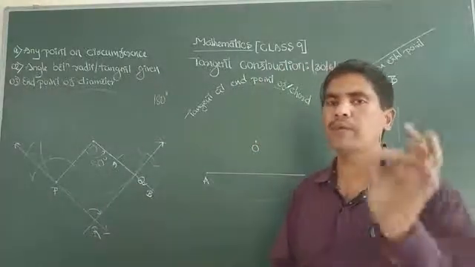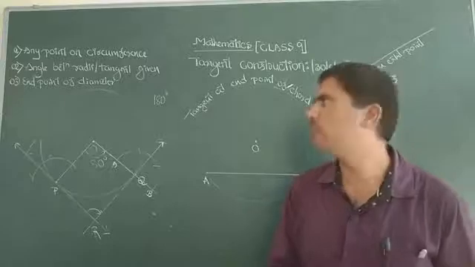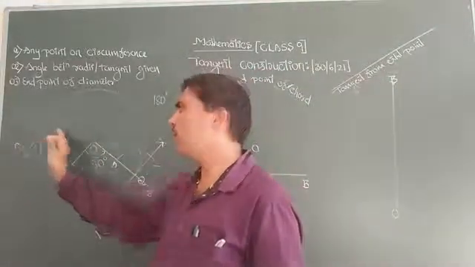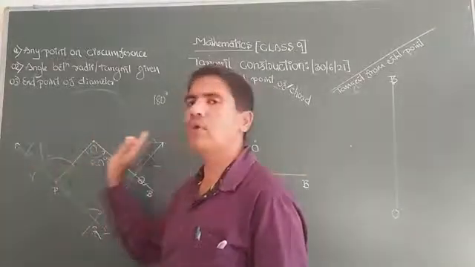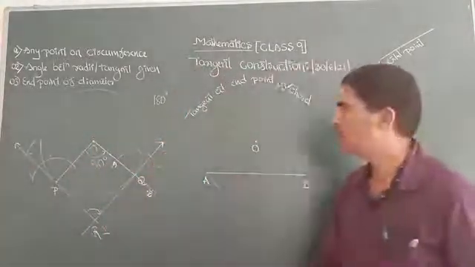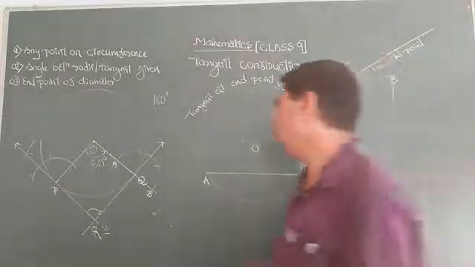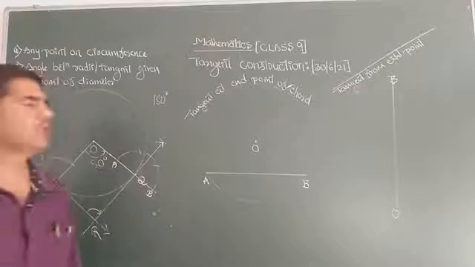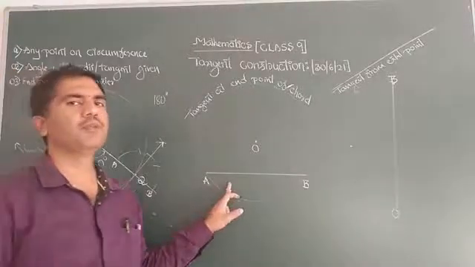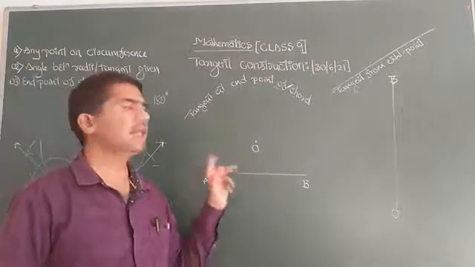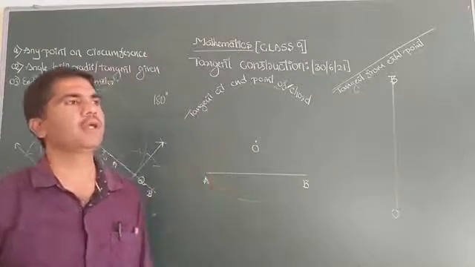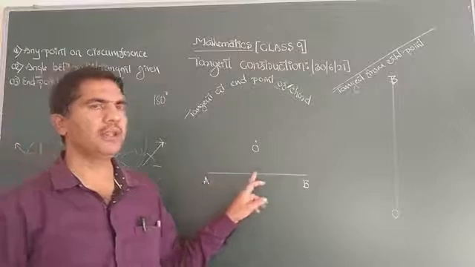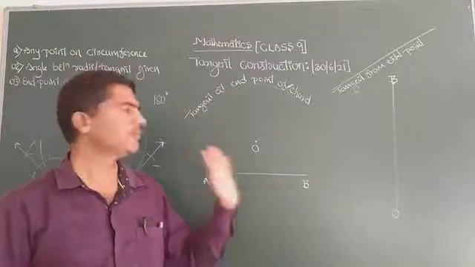Tangent at any point on circumference. One more thing is tangent at the end point of diameter. Same way you can do it. Diameter can be constructed and at the end points you draw two perpendiculars. Only difference, and you need to be very careful, is whenever you are supposed to construct tangents to circle at the end points of chord, always remember chord and tangent are not perpendicular to each other.